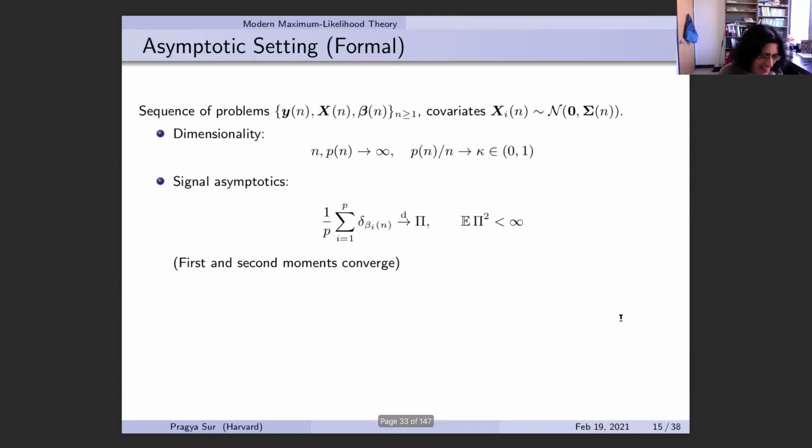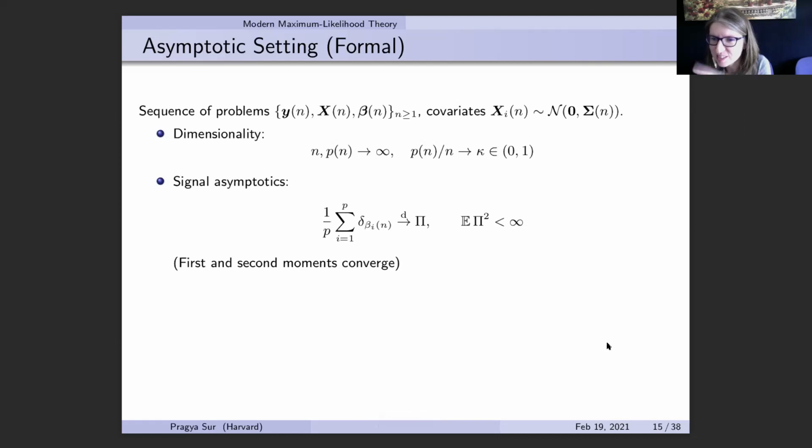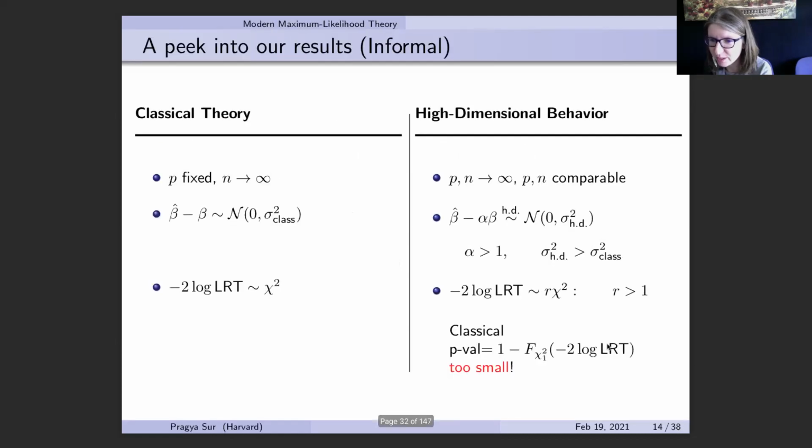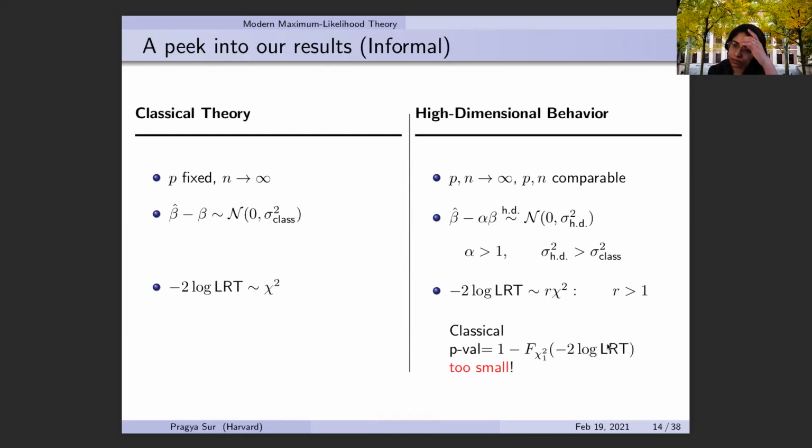Sorry, can I have a question too? Yes, please. About the same slide. Yes, of course. When you say the variance in high dimensions is greater than the classical variance, is it by the same factor alpha, or is it more than just alpha? It's more than just alpha. These are three different constants, and they're implicitly dependent on each other.